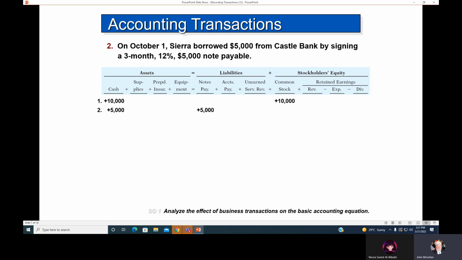Now, on the next transaction, I purchased equipment by paying $5,000 cash to Superior Equipment Sales Company. Transaction? Yes. Which two accounts?